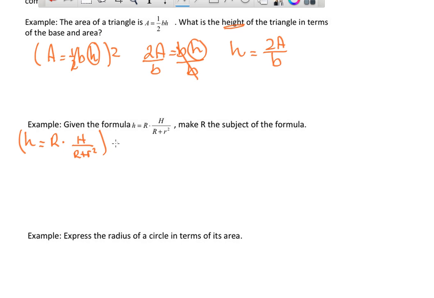Well, the first thing I'm going to do is multiply by r plus r squared because, again, I don't like fractions. Okay, it makes it confusing. So this r plus r squared is going to cancel this r plus r squared, but I do need to multiply on that side as well. So it's going to be r plus r squared is equal to capital R times h. Okay, distribute.